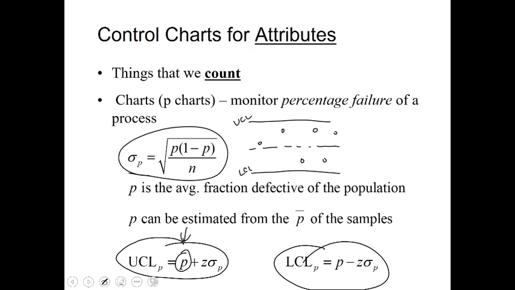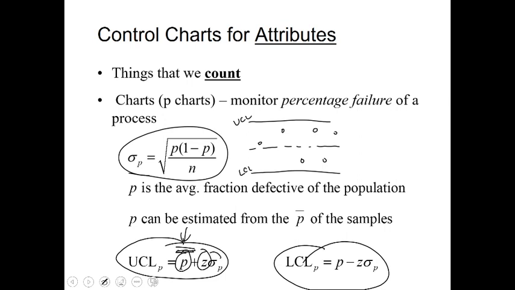Sometimes that's specified by the machine we use, but if we really don't know, which is often the case, we'll just take many samples, and it's almost like the old grand mean, where we'll take the mean of the percentage failures across many, many samples, and we'll assume that to be the percentage failure of the process. Z is our same old Z, but I'll show you a little bit of a trick with Z here in just a minute.